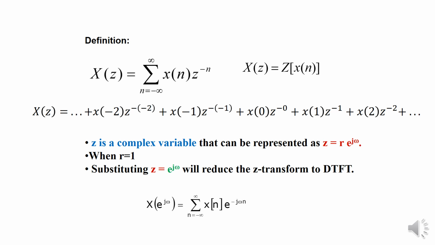So when you have x[n], what you have to do is just substitute x[n] values into this equation, then you can find the Z transform.